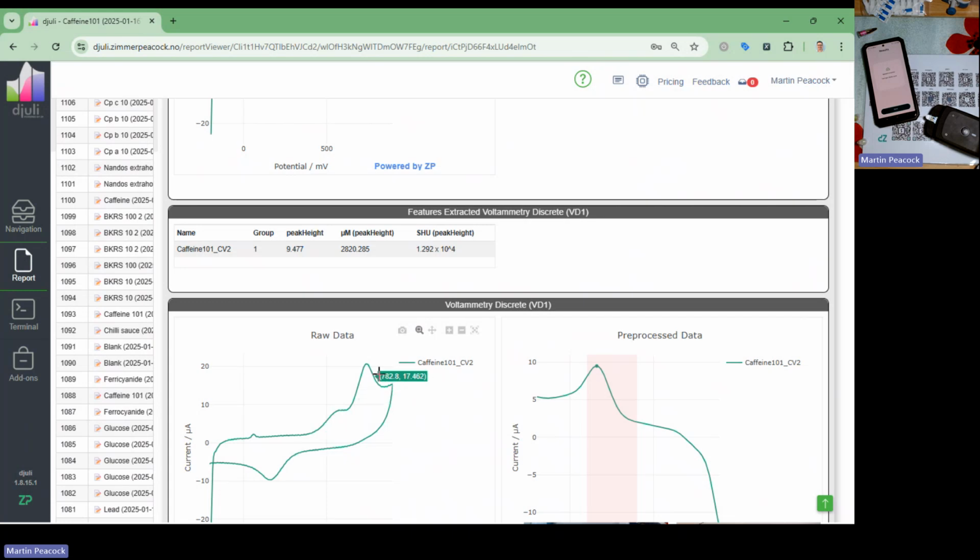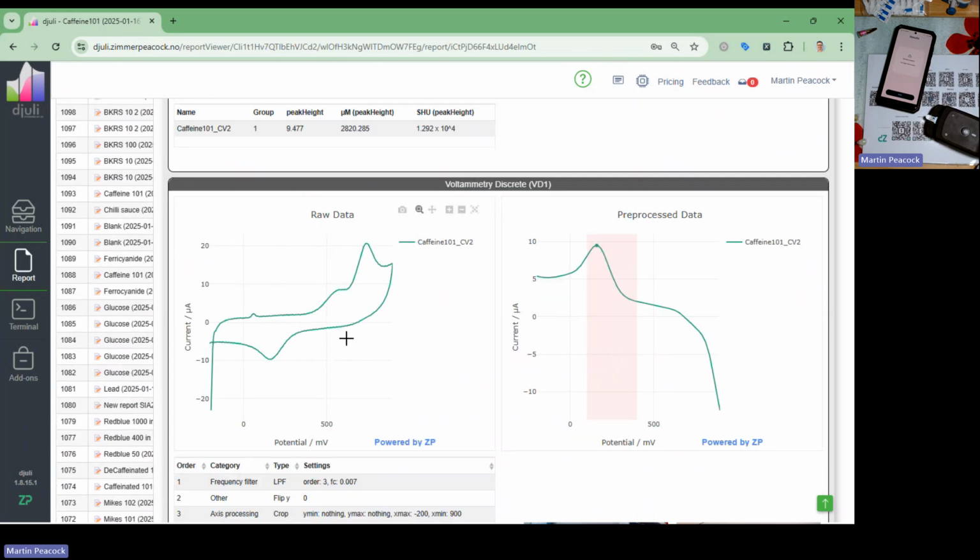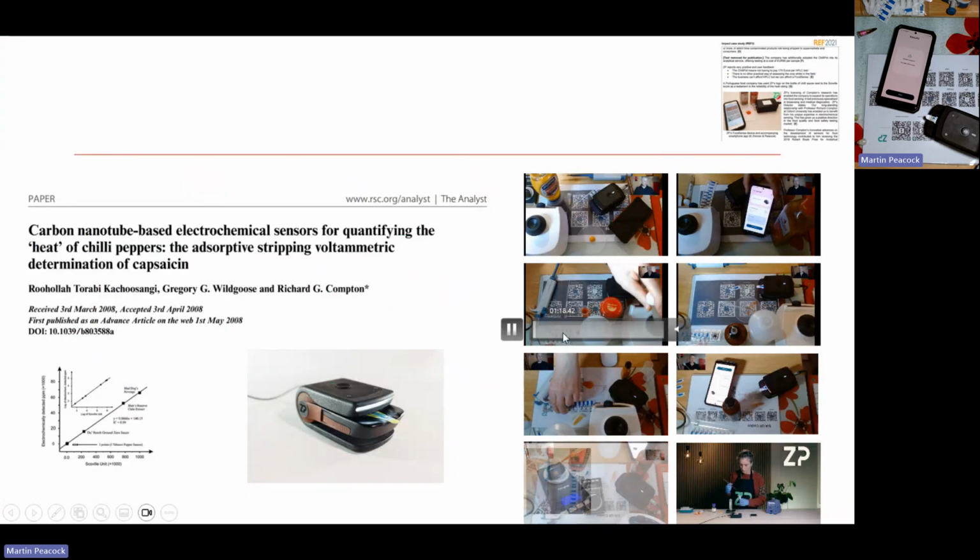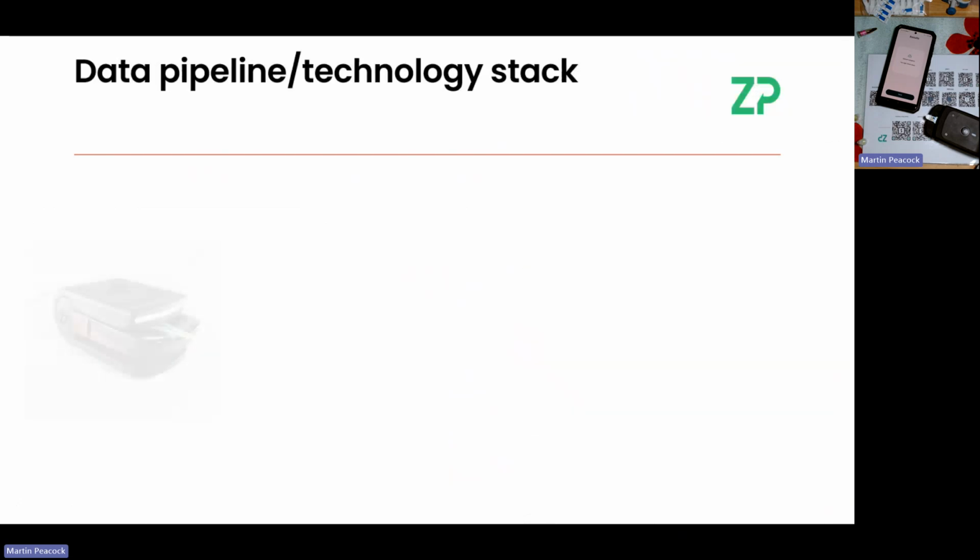So you can see that, in fact, we can actually go from amperometry, open circuit potentiometry, EIS, linear sweep voltammetry, square wave voltammetry. If I didn't say open circuit potentiometry, I should say it now. We can do all those techniques, and you can actually use this system to also do analytes as well. And here I was actually doing capsaicin. So we were able to take Richard's original paper and actually turn it into, let's say, a real product. And that translation was actually much easier.